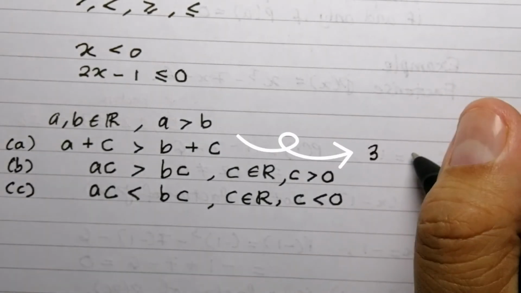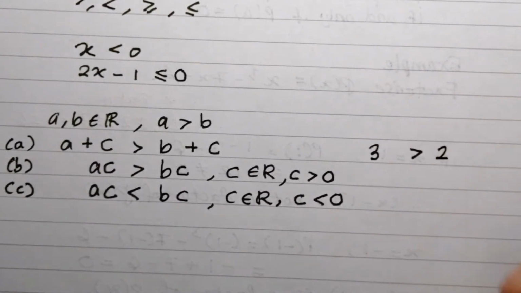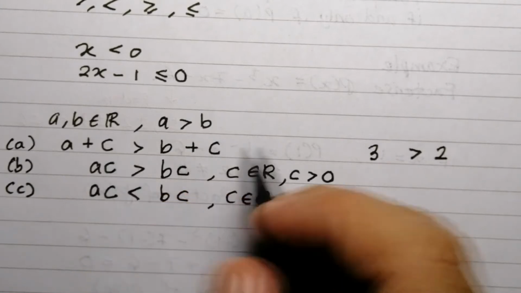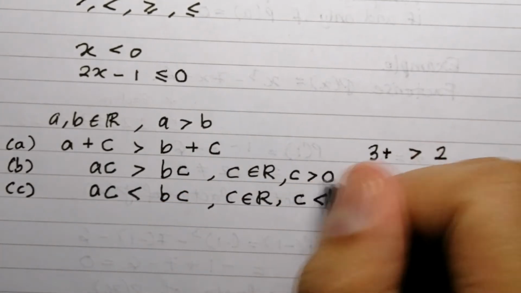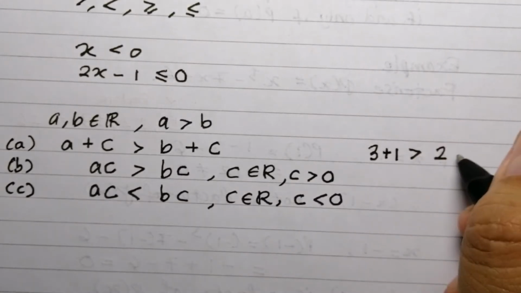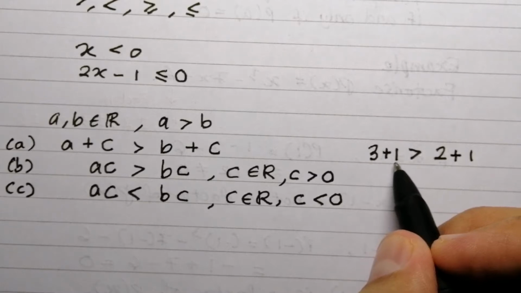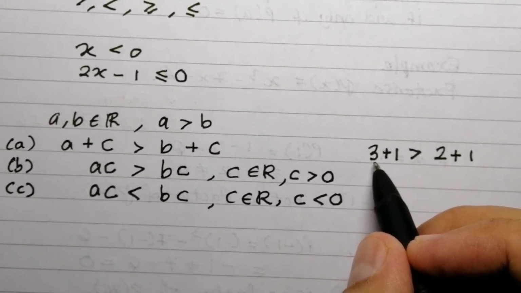Try it one by one. For example, 3 is more than 2. When we add any number, for example 1, on both sides, 3 plus 1 is also more than 2 plus 1.